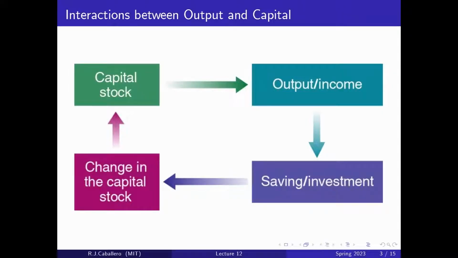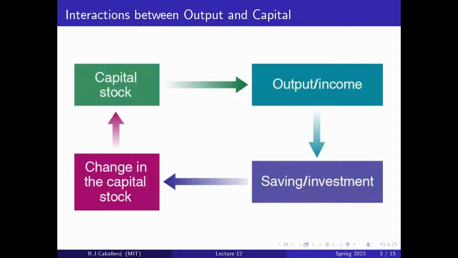What can change over time, and quite a bit, and depends on economic decisions, is the capital stock. At any point in time there is a certain capital stock, which combined with labor gives you a certain output. Output is income. Part of that income will be saved, as we've seen, and those savings will be used for investment. But investment is nothing else than capital accumulation.